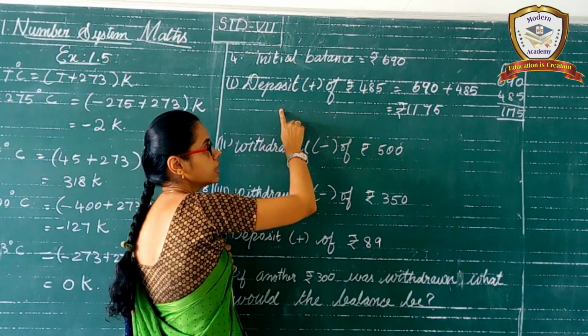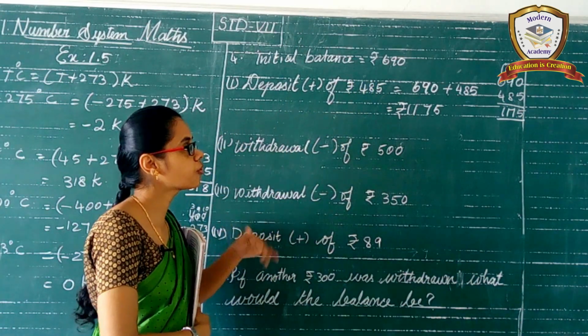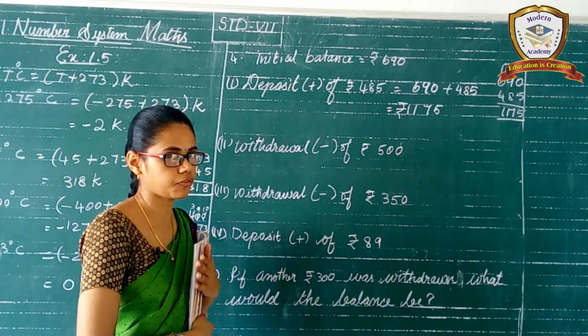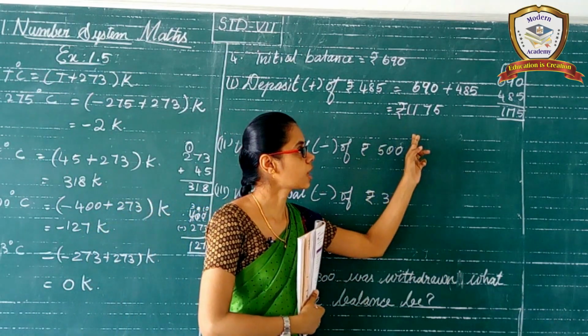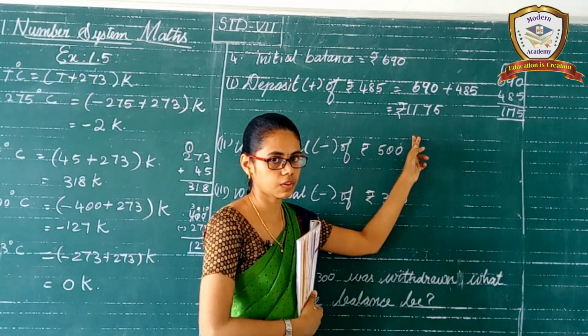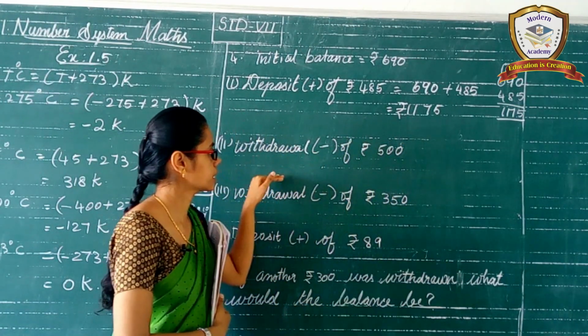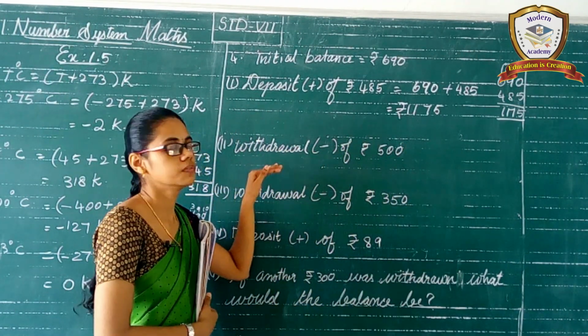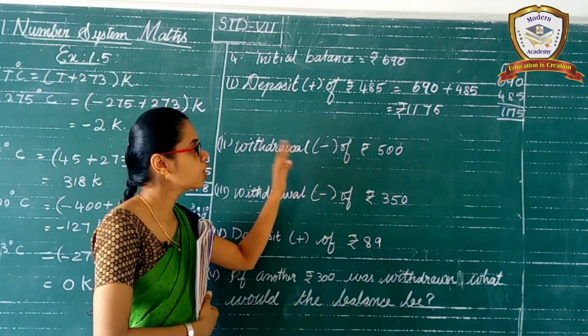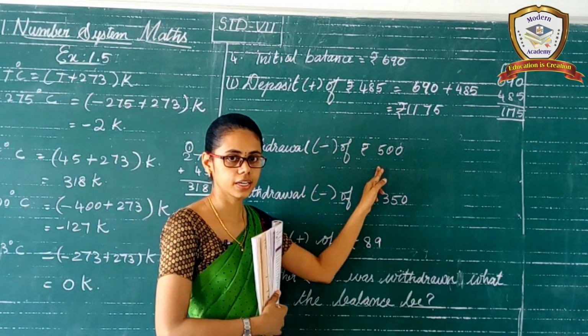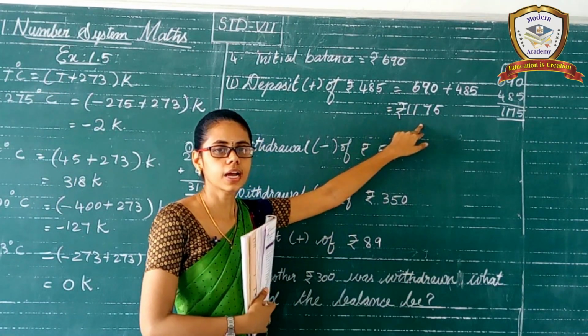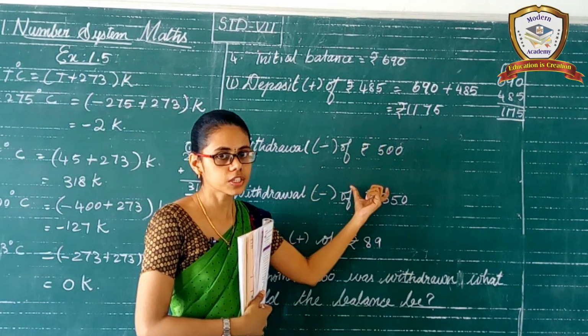So first, initial balance 690 rupees. To that 690 it will deposit how much amount? Rupees 485. It will deposit, so the amount is 1175. Okay, and next second question see. Withdrawal. Withdrawal means subtract. How much amount withdrawal? 500. From 1175 it will withdraw.